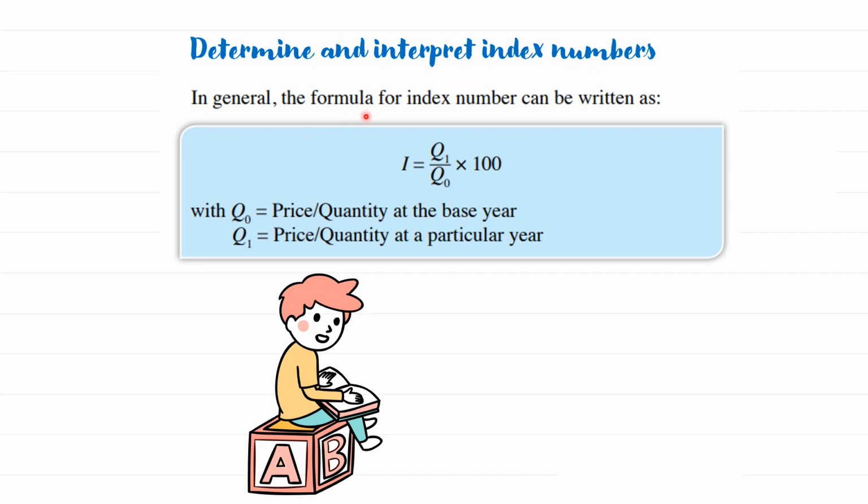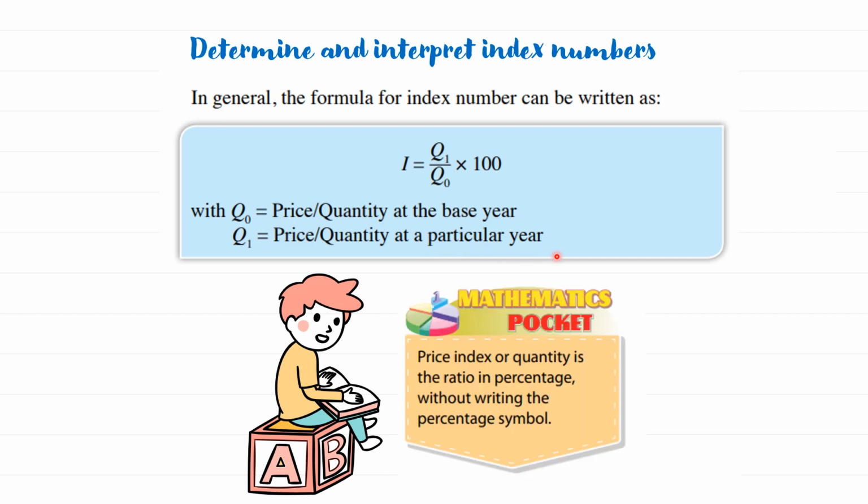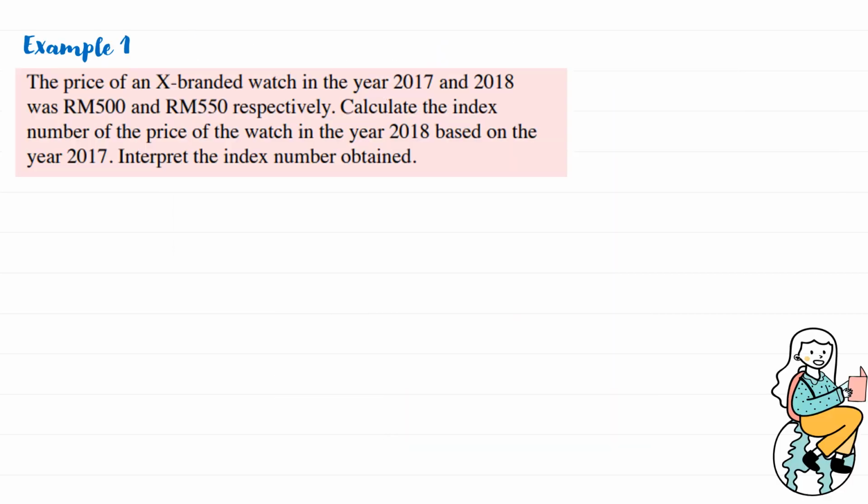In general, the formula for index number can be written as I equals Q1 over Q0 times 100, with Q0 referring to price or quantity at the base year, while Q1 is price or quantity at a particular year. So mathematics pocket: price index or quantity index is the ratio in percentage without writing the percentage symbol.